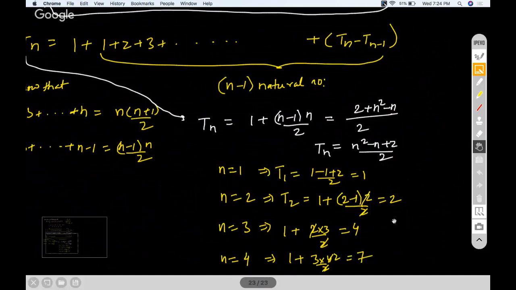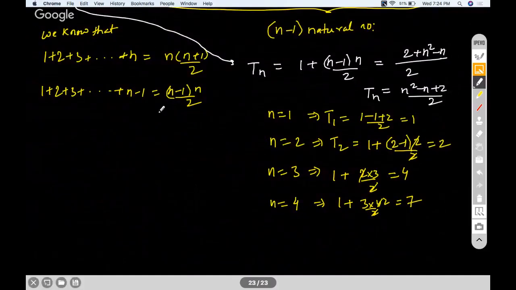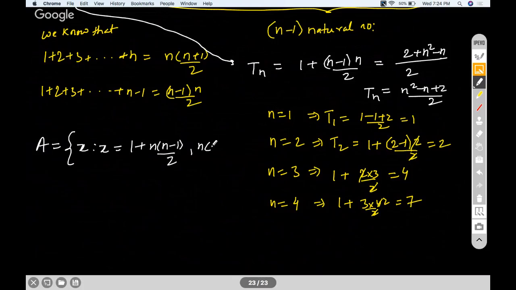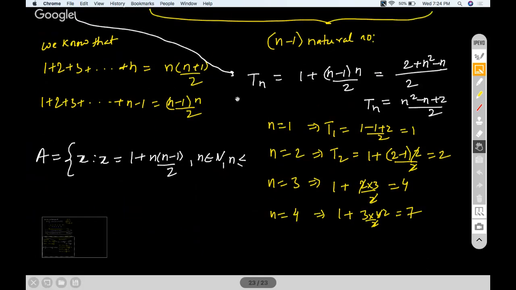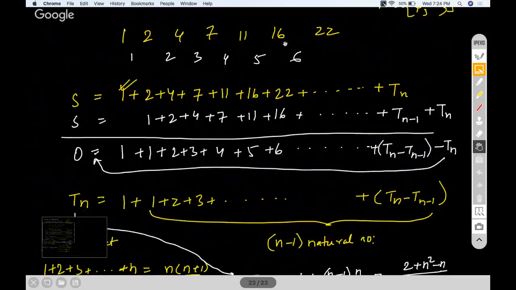Okay. So while writing the set builder form, I can say it contains x such that x is 1 plus n minus 1 by 2 for n belonging to natural numbers and n less than equal to, how many terms are there by the way? 1, 2, 3, 4, 5, 6, 7 terms.